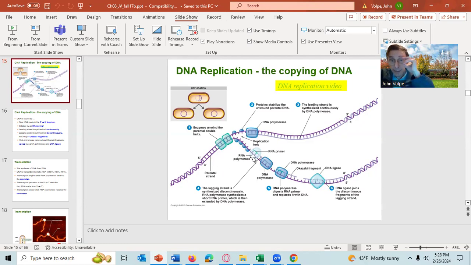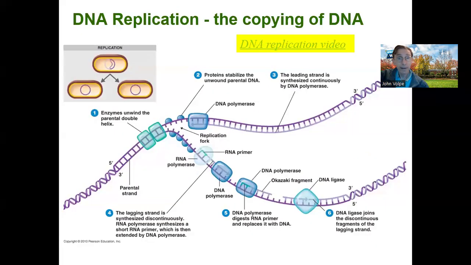Anyways, in the leading strand, the synthesis of DNA is very easy because the strand is in the right orientation for the DNA polymerase to copy the strand and make the new strand of DNA. The other strand, the lagging strand, let me blow this up, is in the wrong orientation.